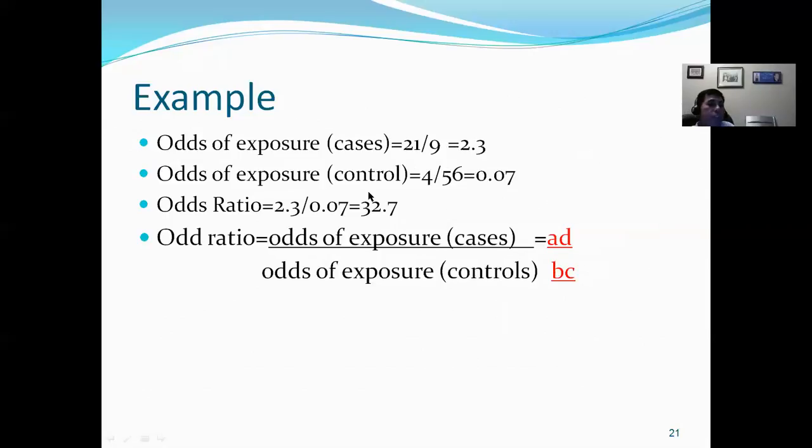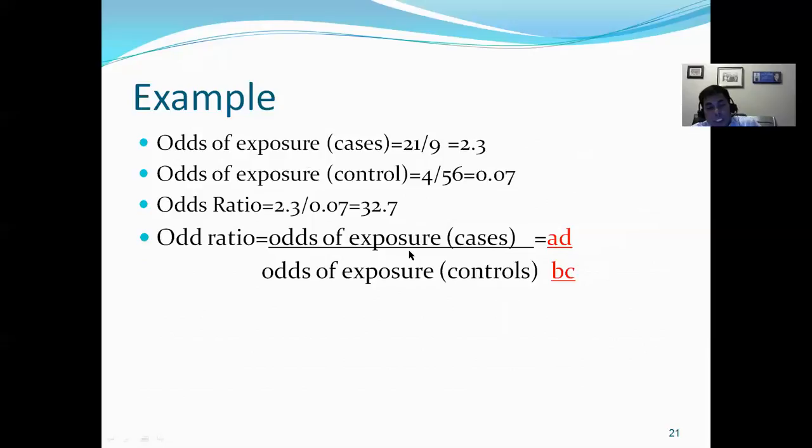So we can read this that the odds of getting cyclosporiasis is 32.7 times more often when you are exposed. Right here, the case odds of exposure, because that's 21.